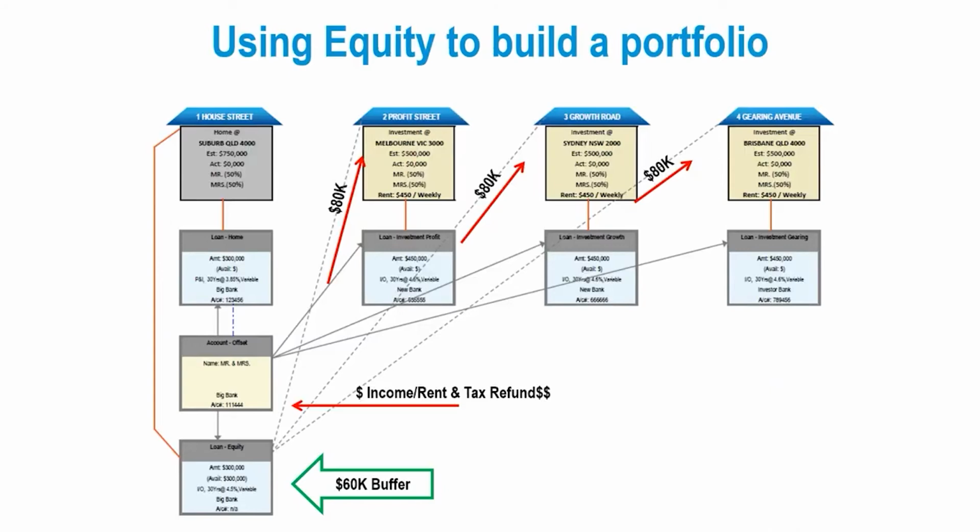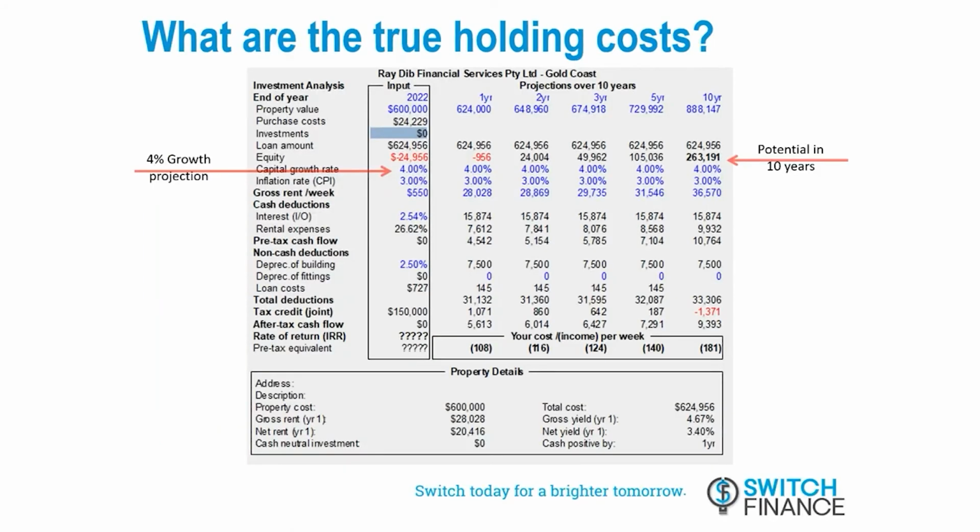Now, you would have seen a previous presentation showing how you can build a portfolio using equity in your home. Now, based on 4% growth, buying a property for $600,000, after 10 years, you now have $263,000 profit on that.